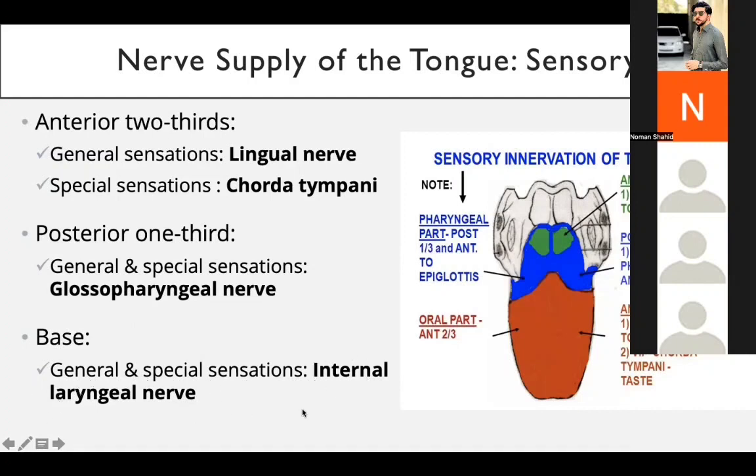How to remember? It's very deep inside, internally present, and close to the larynx. So that's how you remember the general and special sensation at the base of the tongue is the internal laryngeal nerve. Okay, I hope we can move on.